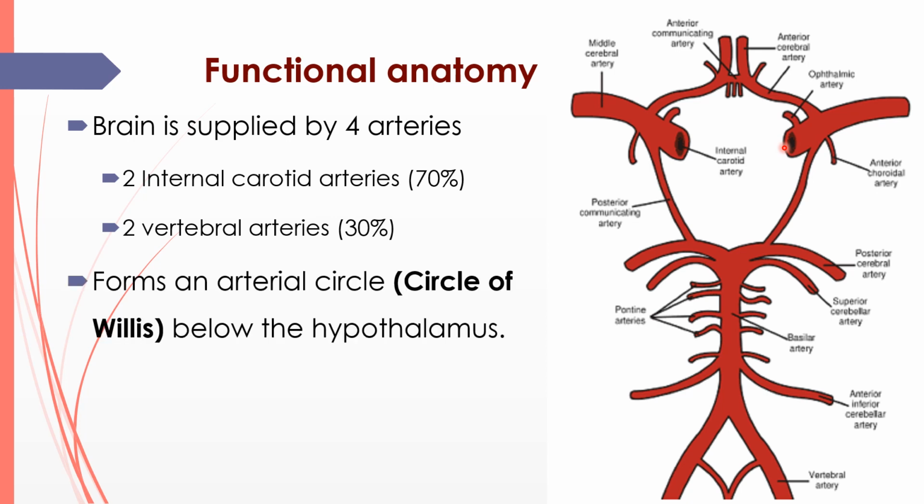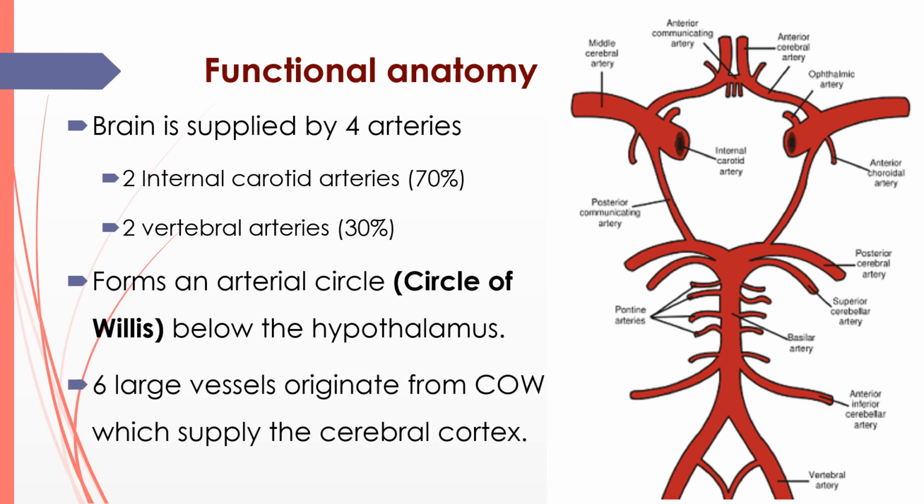Together this forms the circle of Willis, which lies below the hypothalamus. We will see that in the next slide. There are 6 large vessels originating from the circle of Willis, which supply the whole cerebral cortex.